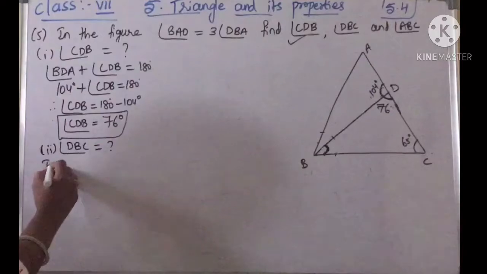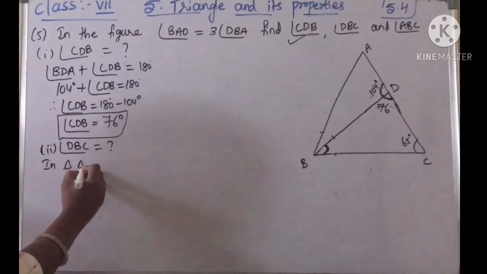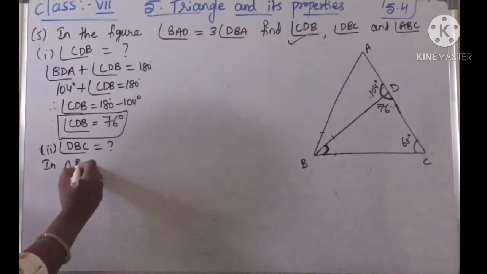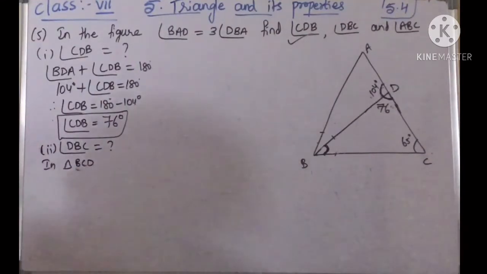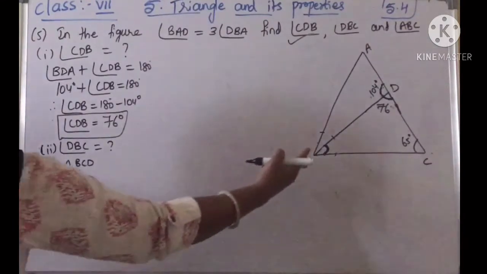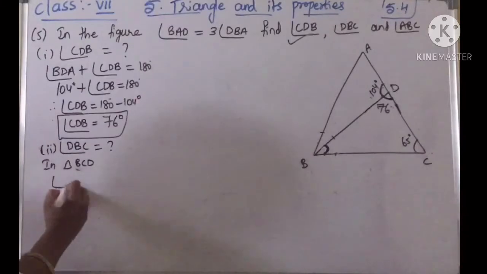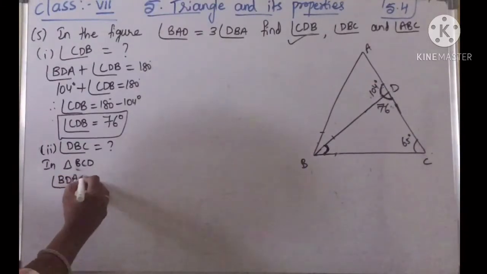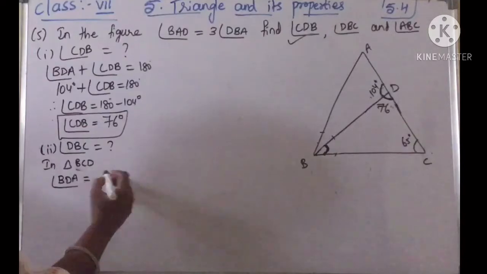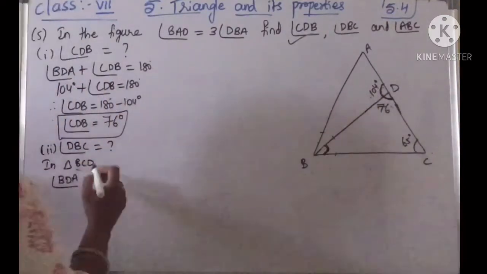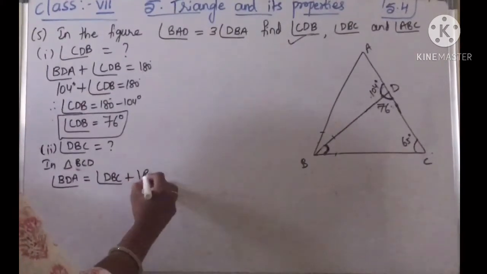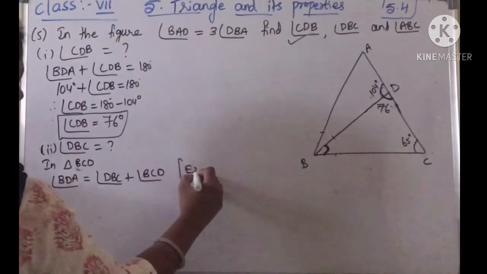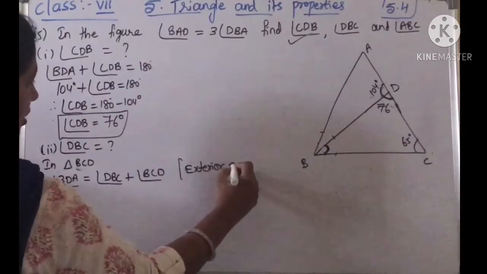So in triangle BCD, here we have to take exterior angle property. What is exterior here? BDA is the exterior angle. BDA, the exterior angle, is equal to DBC plus BCD. This is nothing but exterior angle property.